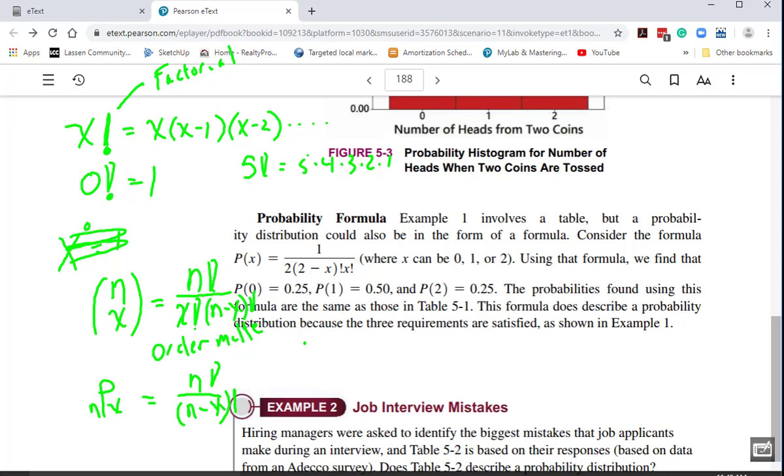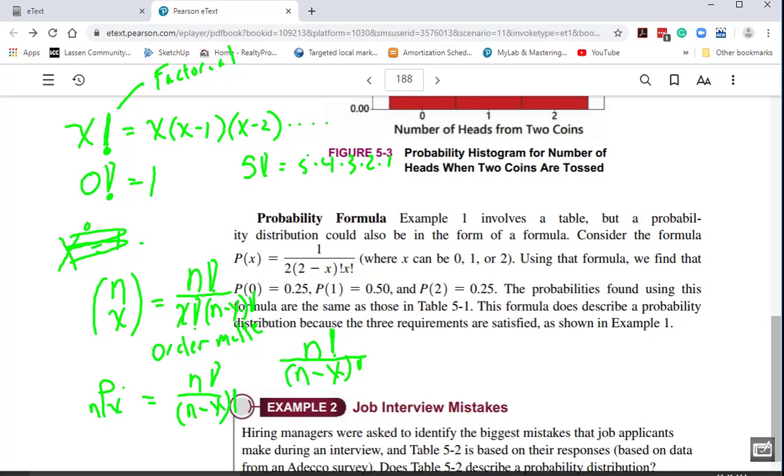It's n factorial over just this part, n minus x factorial. That's called the permutation rule, and this is the combination rule. We'll go over that in a second.